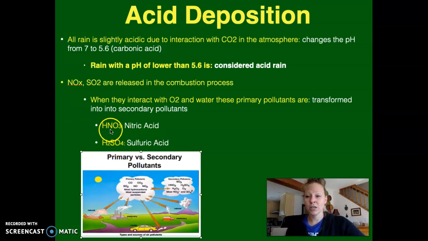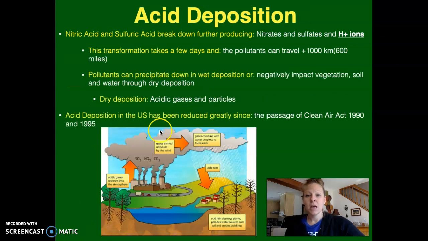So the interaction of the nitrogen with water, we have HNO3, nitric acid. And when we introduce sulfur in water, we have H2SO4, sulfuric acid. And so what happens is nitric acid and sulfuric acid are going to break down further. So when they're on the earth, they're going to create nitrates and sulfates, and that's going to impact our water.